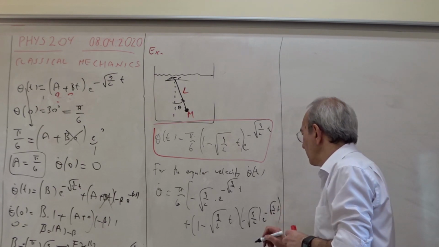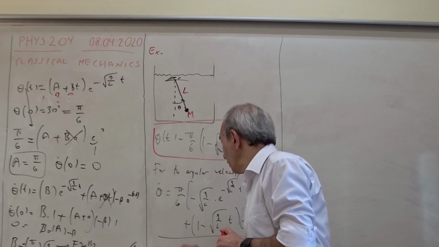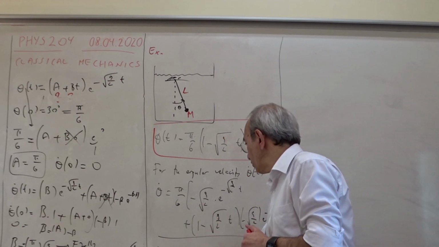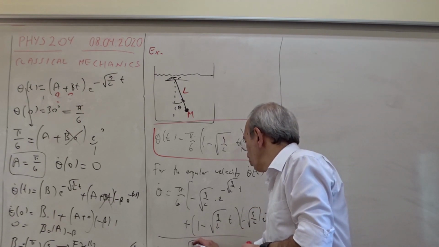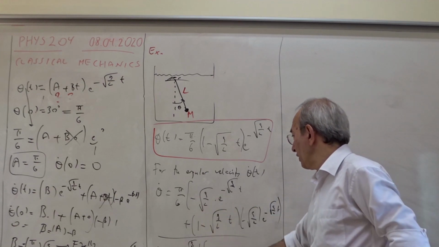So there is another cancellation here. Finally, theta dot will be, let's keep pi over 6. Also, let's write the exponential because it is everywhere. E to the minus root g over L times t. Multiplied by, from the first term we have a minus 1.